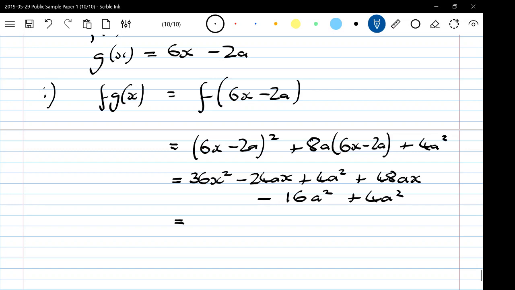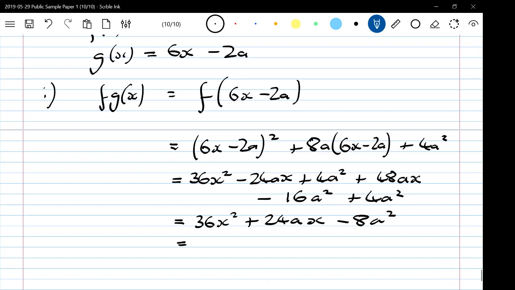So what have we got all together? 36x squared, plus 48ax minus 24ax gives us plus 24ax. And 4 plus 4, that's 8, take away 16, so minus 8a squared.